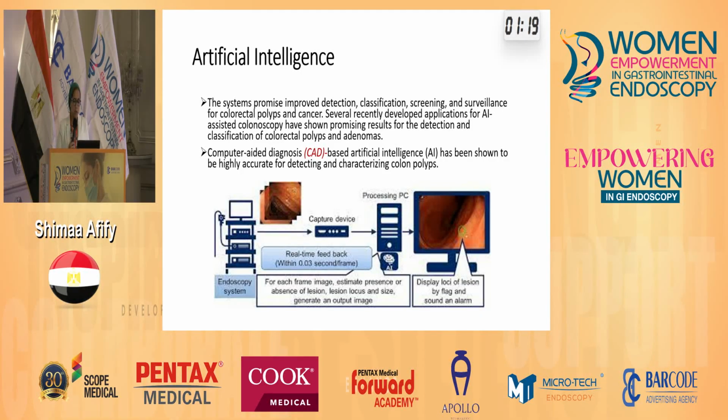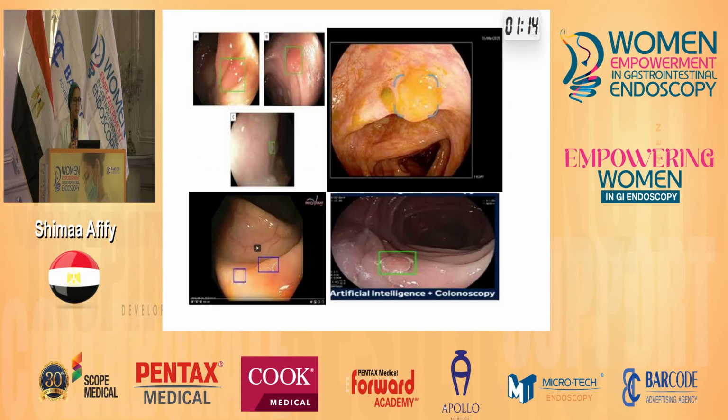This has developed into the CAD-I system, and different systems exist in different brands of the scopes. As we see here, the AI can detect a lesion and tell you about it. If you miss it by your eye, then it will give you guidance to make your time shorter, and then to give you more experience.